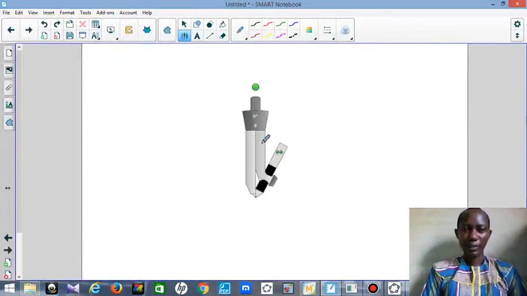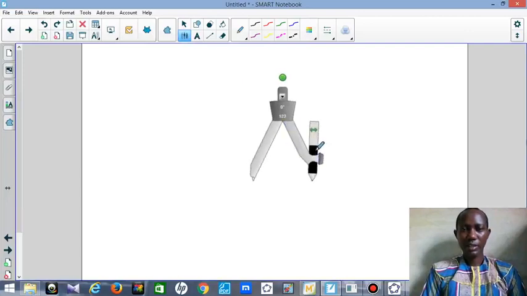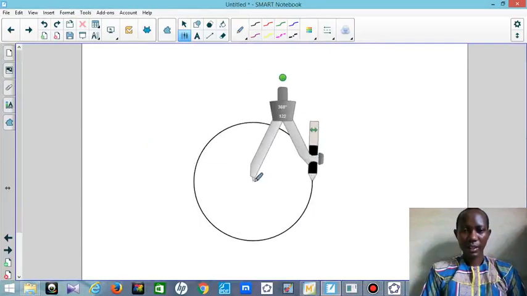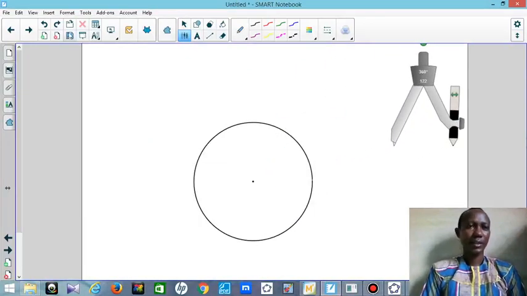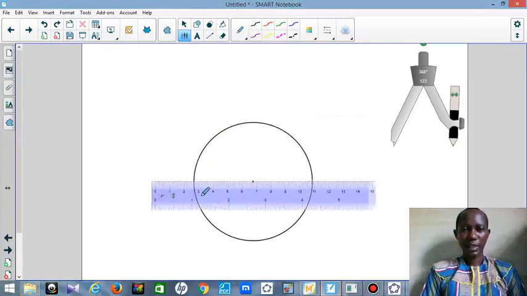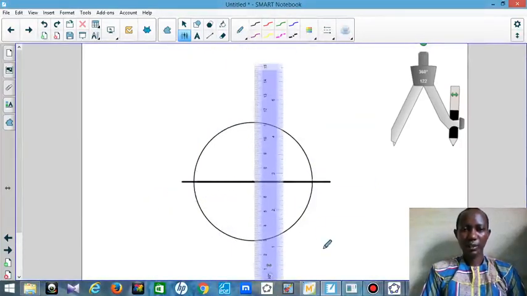You get your compass, you make your circle, then you get your middle, don't forget that. Get your ruler, get your center for the equator, then you turn it, get your prime meridian line.